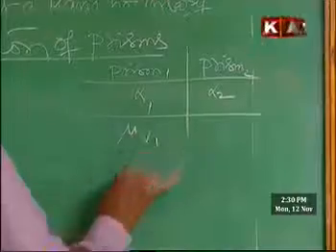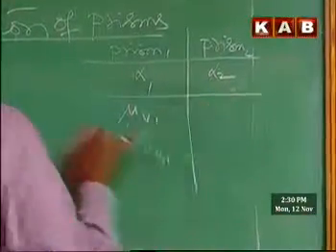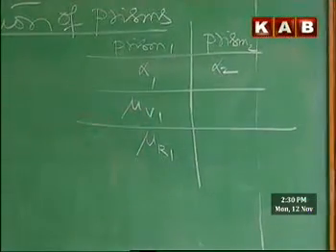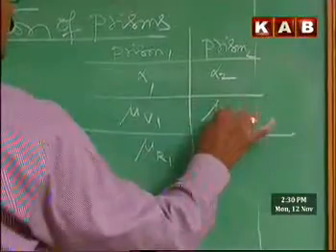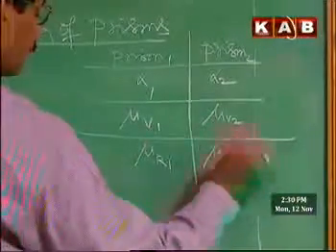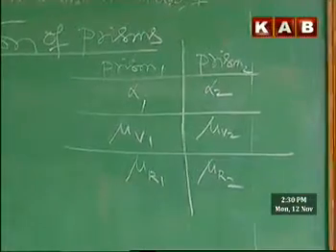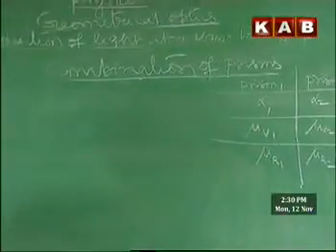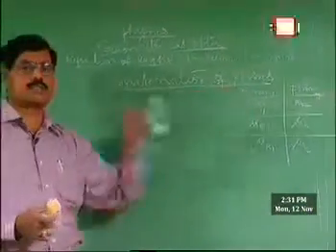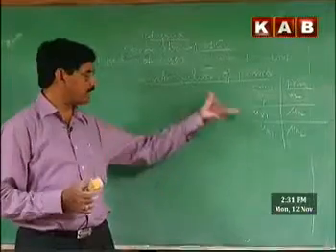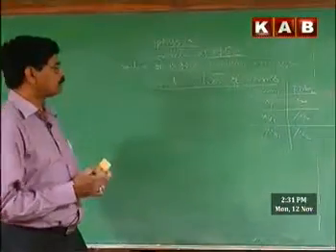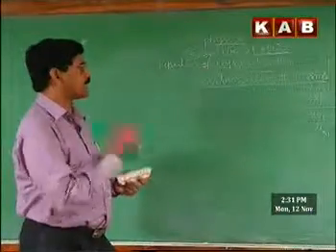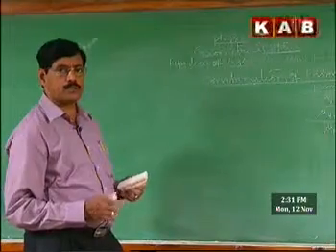The refractive indices for violet and red rays for prism 1 are mu v1, mu r1. For prism 2, they are mu v2, mu r2. Now, such a 2 prism combination we are using. Individually each prism produces angular dispersion, but we combine the 2 prisms in such a way that the total angular dispersion produced by the 2 prisms should be 0.